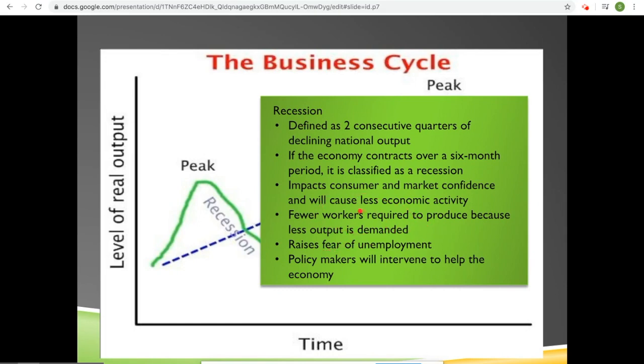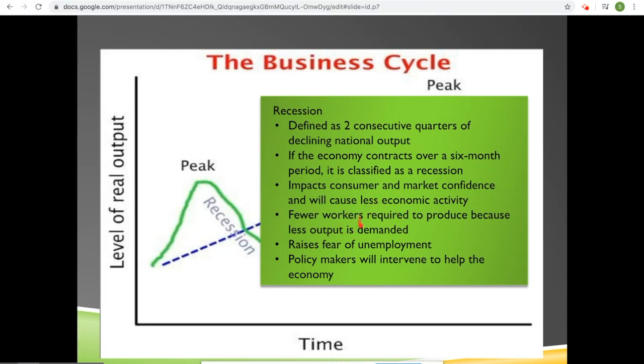This particular crisis is more serious than the Great Recession that happened in 2008, because this particular crisis has affected both the supply side as well as the demand side of the economy. That was more demand side, but this is supply side too.